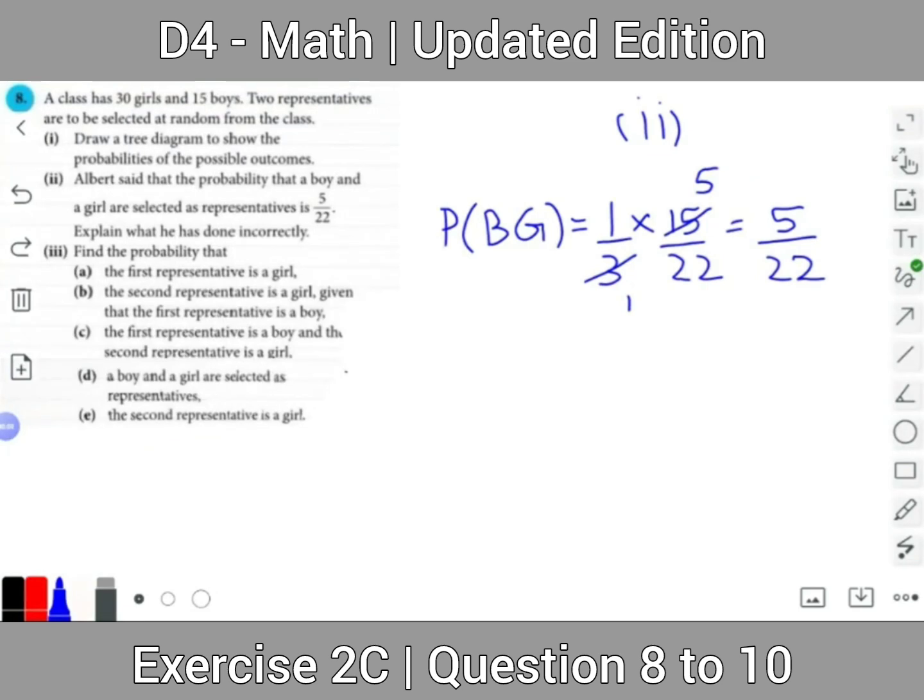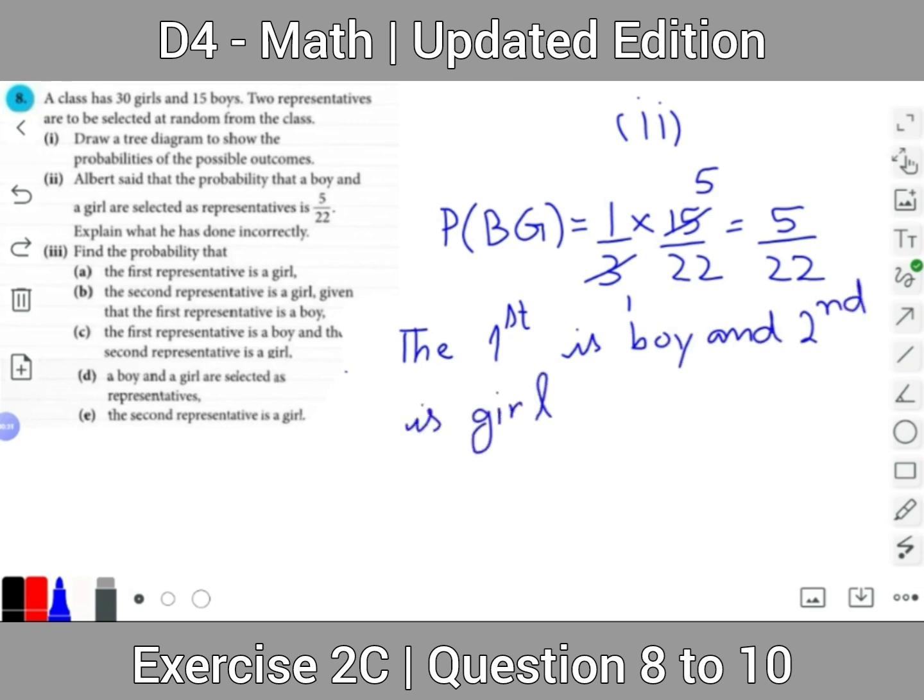The first possibility is the first is a boy and the second is a girl, and the other possibility is the first is a girl and the second is a boy.